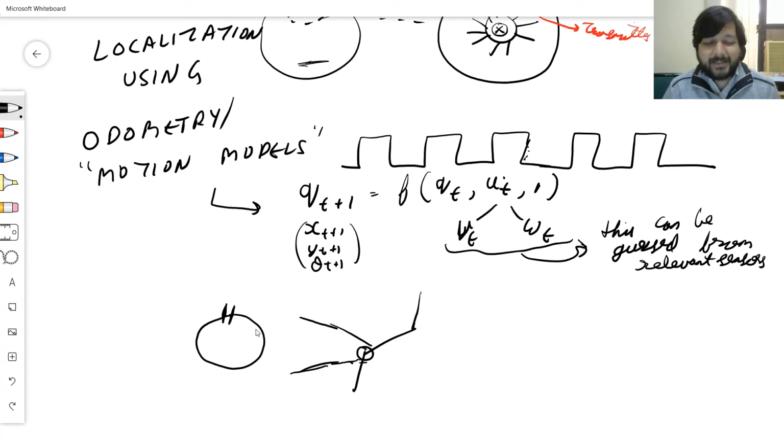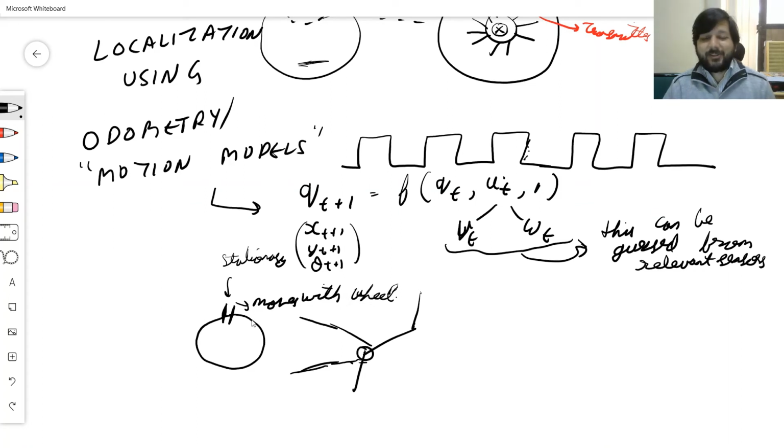So as the wheel rotates, this moves, but this does not move. This is stationary. And with enough electronics and electrical background, you will know that the electrical properties change because of a change in distance, and that can be used to measure the absolute position.